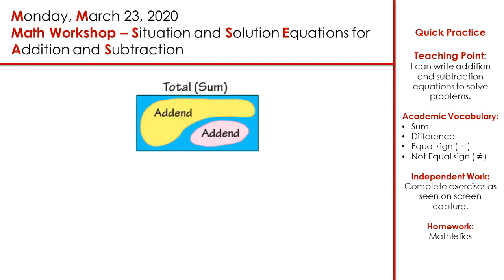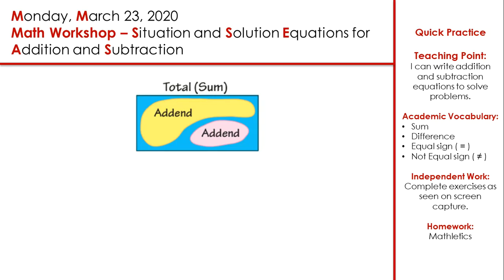This one is situation and solution equations for addition and subtraction. Let's begin by saying that when we have a situation equation, we write the equation following step by step the problem as it is said.